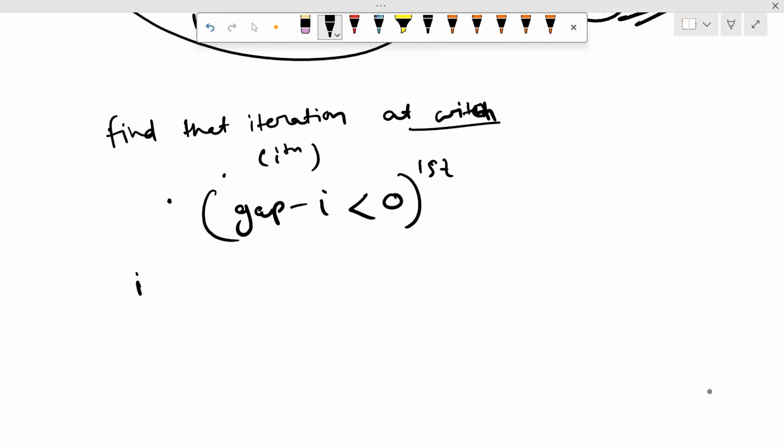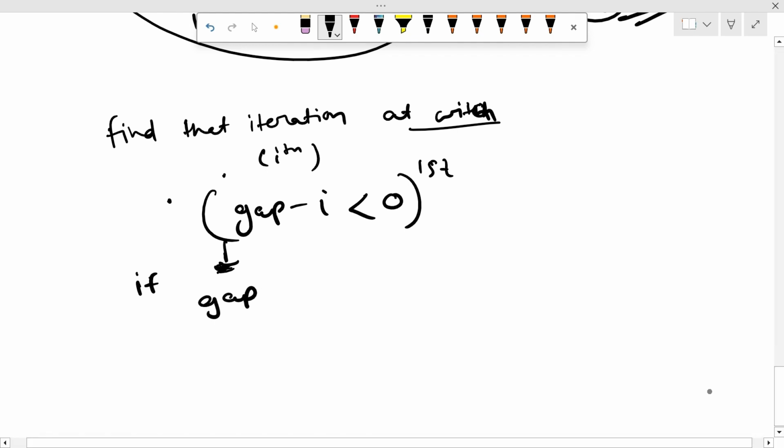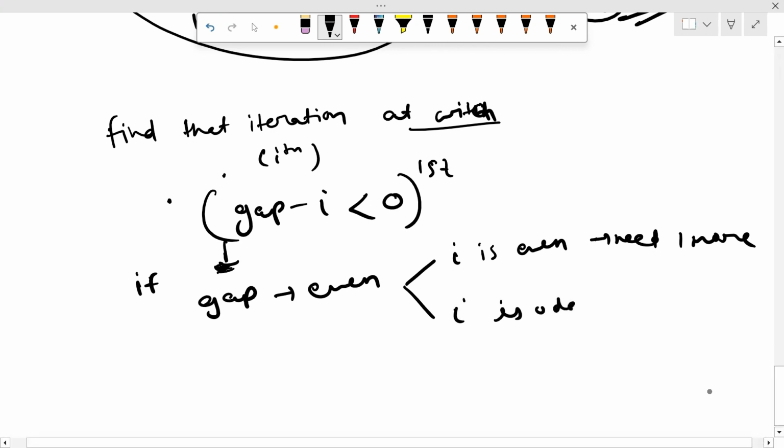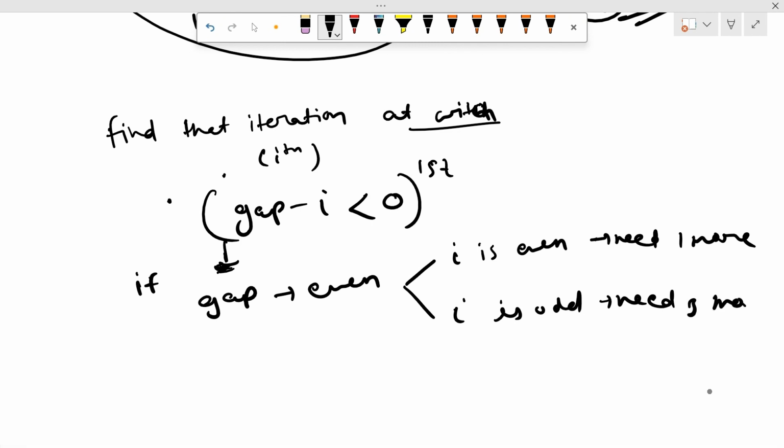And after this, if our gap is even, we see that if i is even, we need one more, and if i is odd, we need three more.